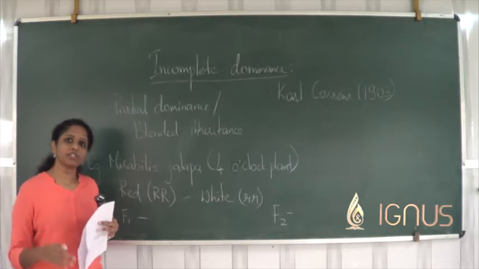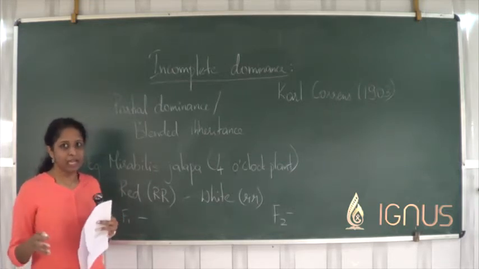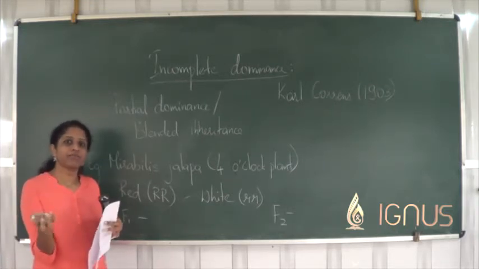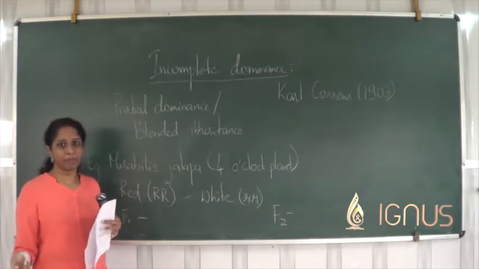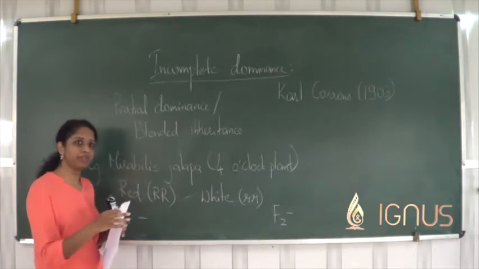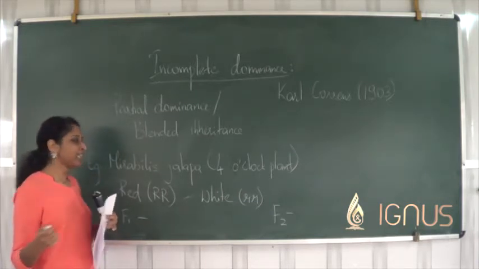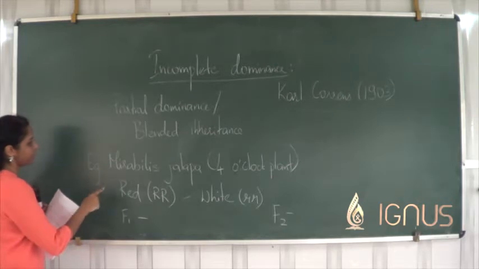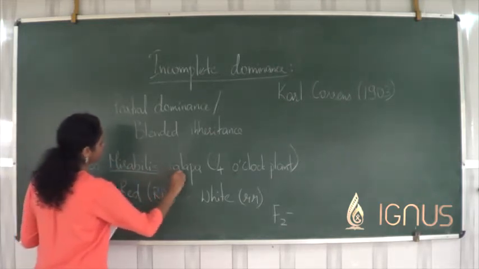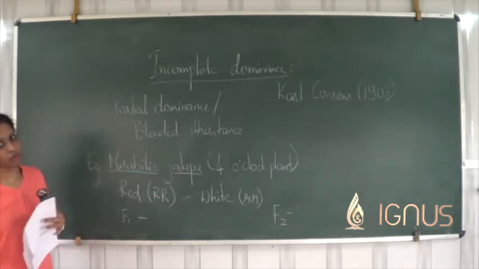So the dominant gene is not going to express completely, and therefore it is going to give rise to an intermediate phenotype. So rather than having a dominant phenotype or a recessive phenotype, you will have an intermediate phenotype. An example for that is Mirabilis jalapa, which is known as the 4 o'clock plant.